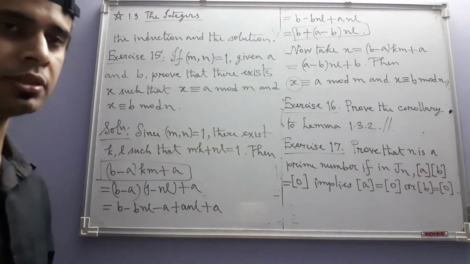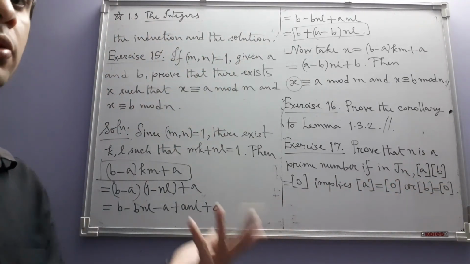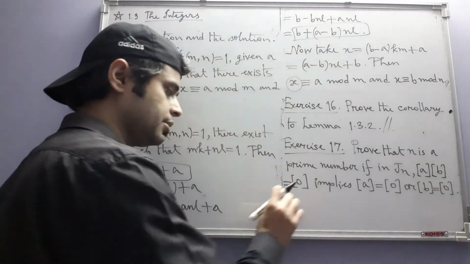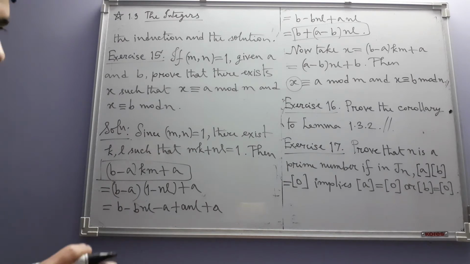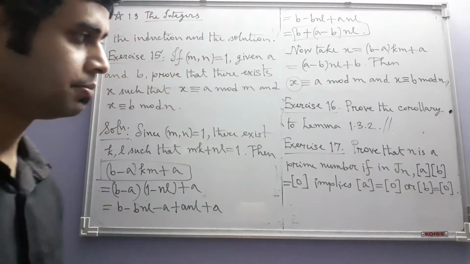In Jn, by that we mean that these are congruence classes modulo n. If the product of any two congruence classes is equal to 0, and it implies that one of the congruence classes has to be the 0 congruence class, then n is a prime.